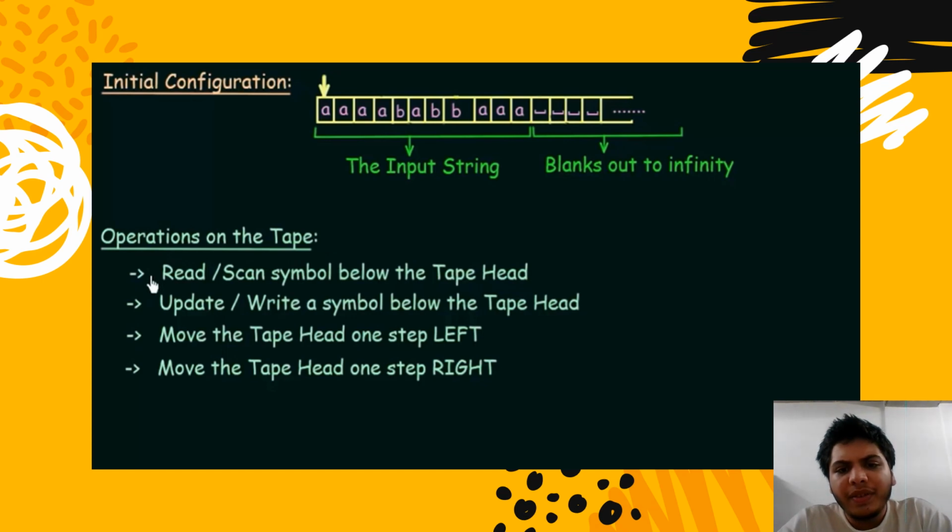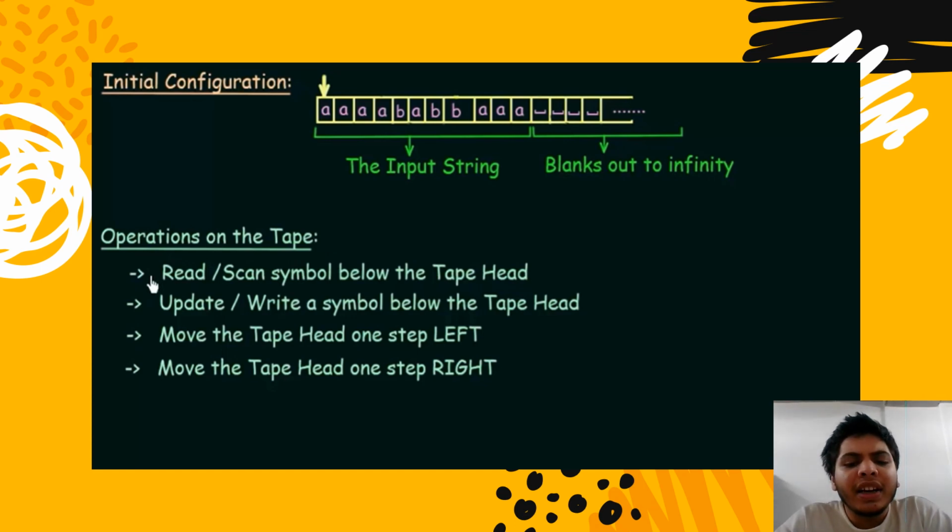So again, we have to see where our tape head is, and then the symbol below the tape head can be updated. That means, for example, we have A over here, and this A can be overwritten by some other symbol, let's say B. So we can replace this A with B or anything else depending on the input symbols that we have.